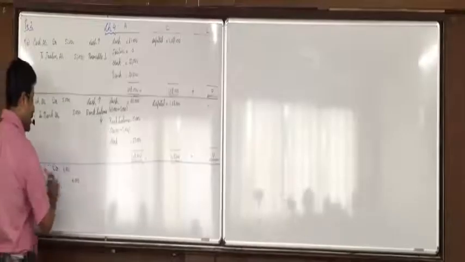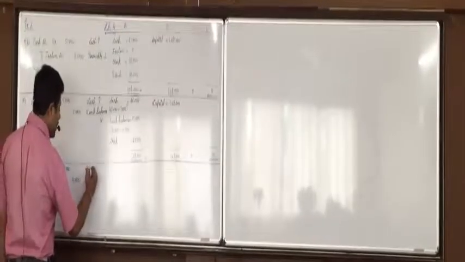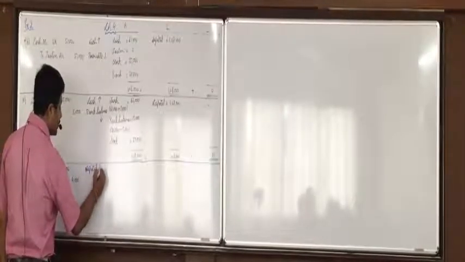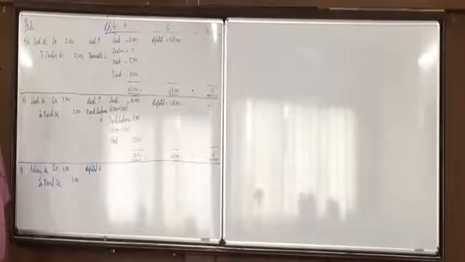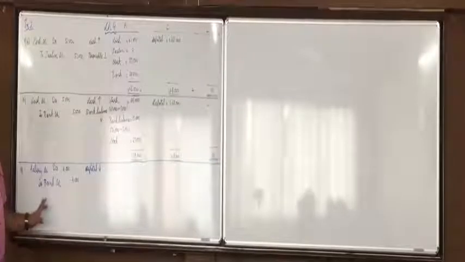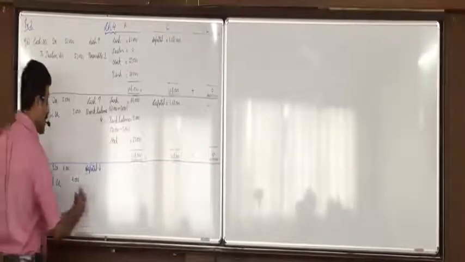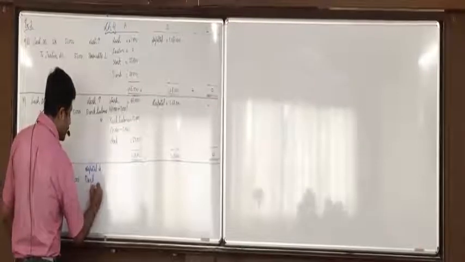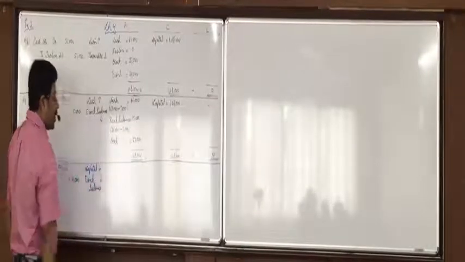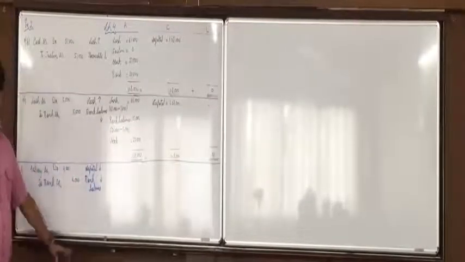Owner. Salary is an expense, so capital decreases. Are you okay with this? Then, to bank: bank balance decreases. Yes, we have paid by check, so bank balance will also decrease.